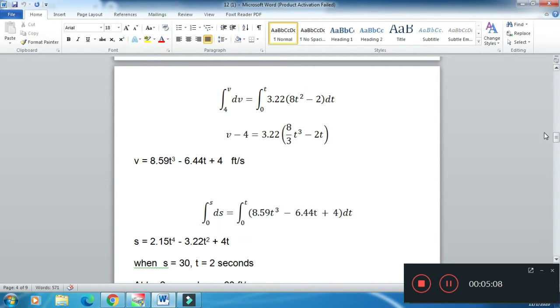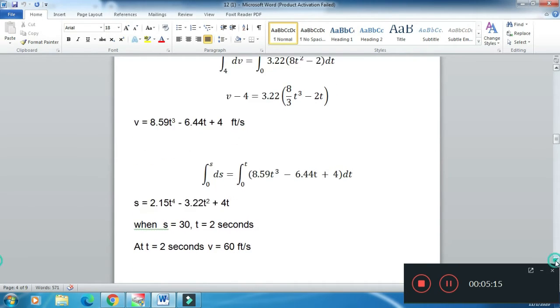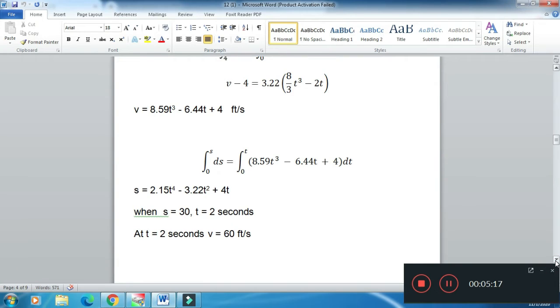Or we can have some advanced method which we have studied in the topic of calculus. So by solving the equation, we will get time equal to 2 seconds. We can substitute time in this relation. We will get velocity at time equal to 2 seconds. So the solution is 60 feet per second.